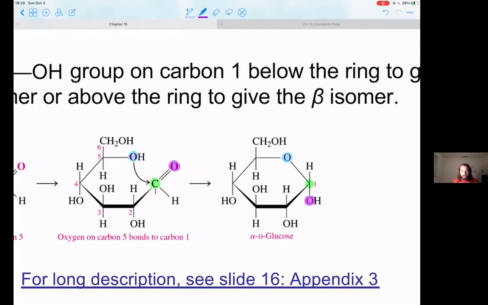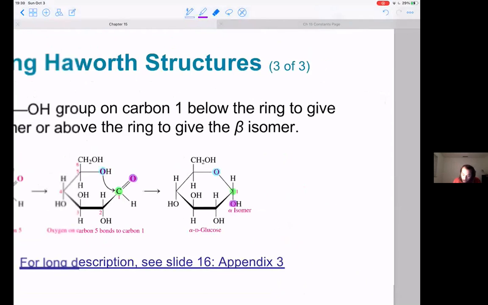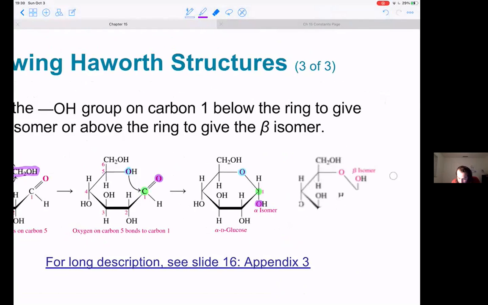So you're going from the open chain to the closed chain form. That anomeric carbon, the OH group on that, can be in one of 2 directions. If it's pointed down, that's what we call the alpha isomer. Or this ring could have closed where the OH group on that anomeric carbon is pointed up, and that would be called the beta isomer.